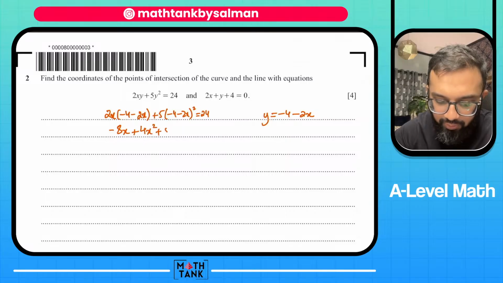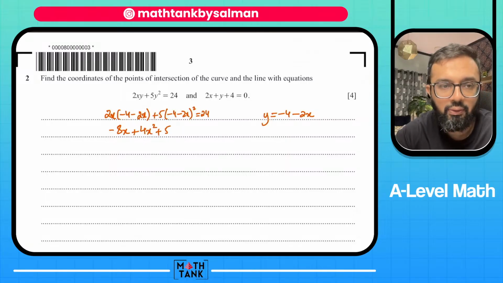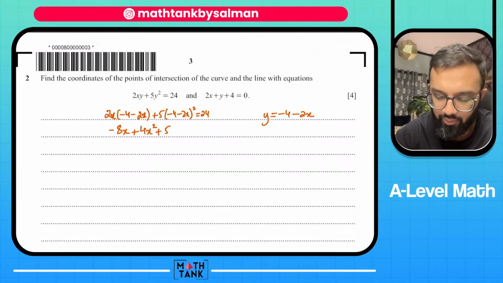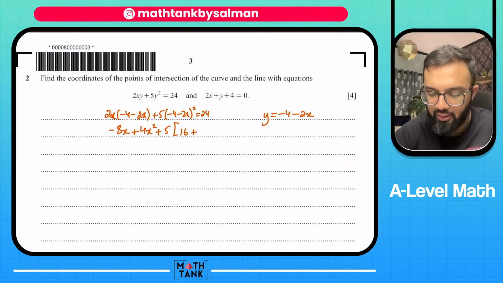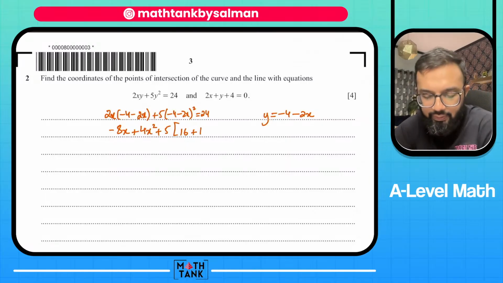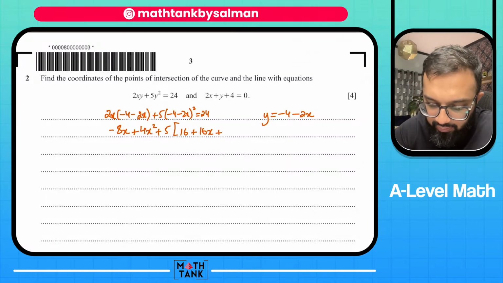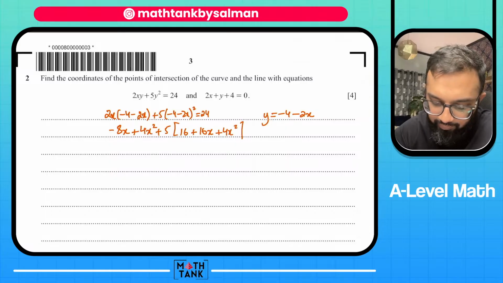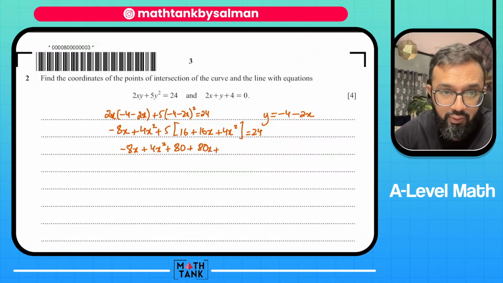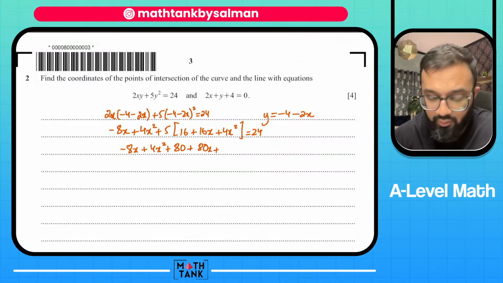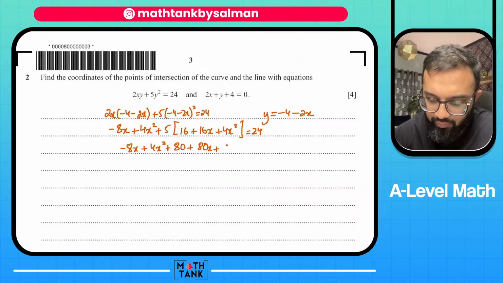When you open up a bracket that has two negative signs, it always opens up as a square, minus 2ab, plus b square. That's going to be 16 plus 16x plus 4x squared, then 80, 80x, plus 20x squared.